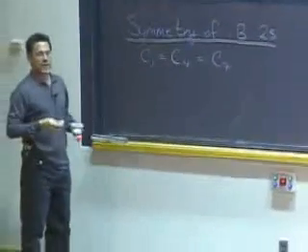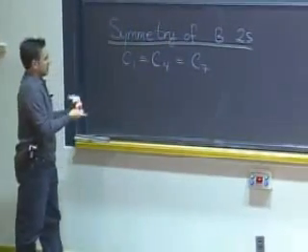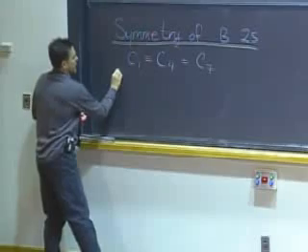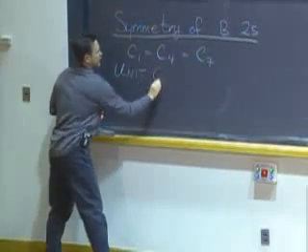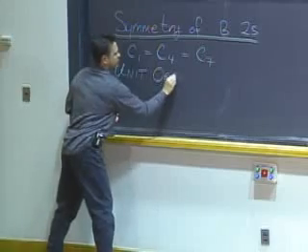Okay, and we're going to need a value for this, and we can get a value for that by taking into consideration something called unit orbital contribution.